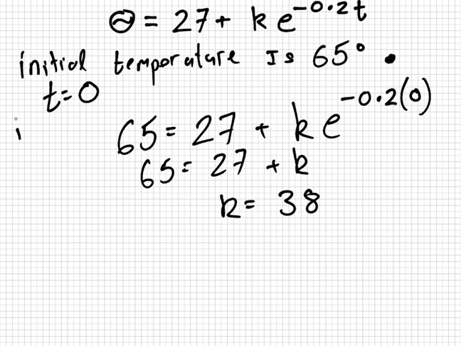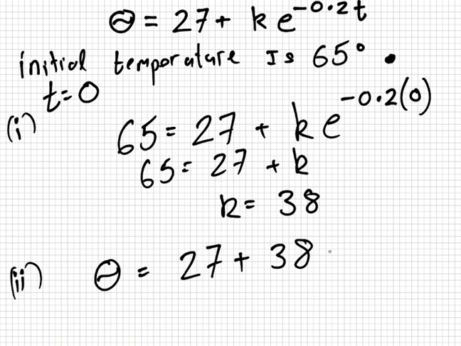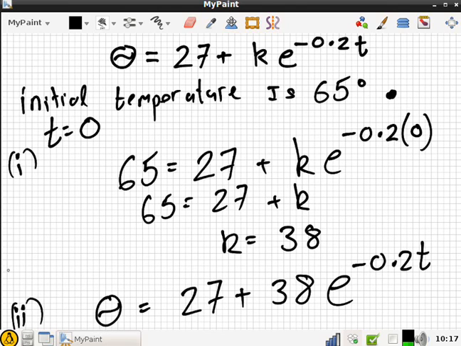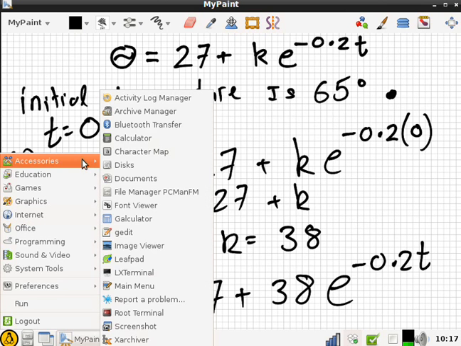That's part 1. So for part 2, we now have this formula for temperature: 27 plus 38 e power minus 0.2 t. And I think I'll graph that for you as well.